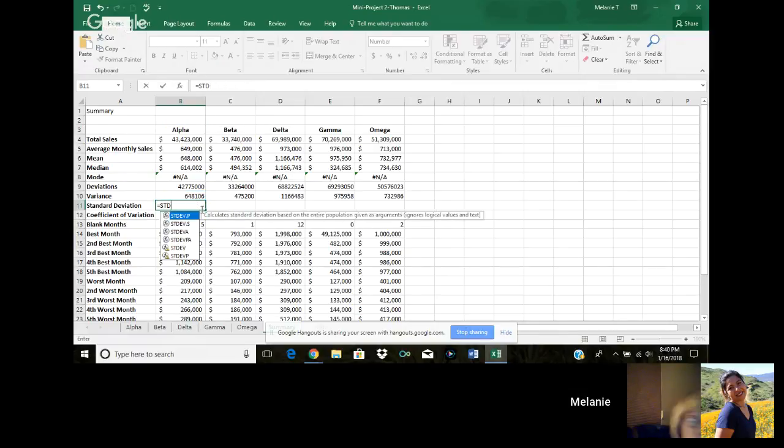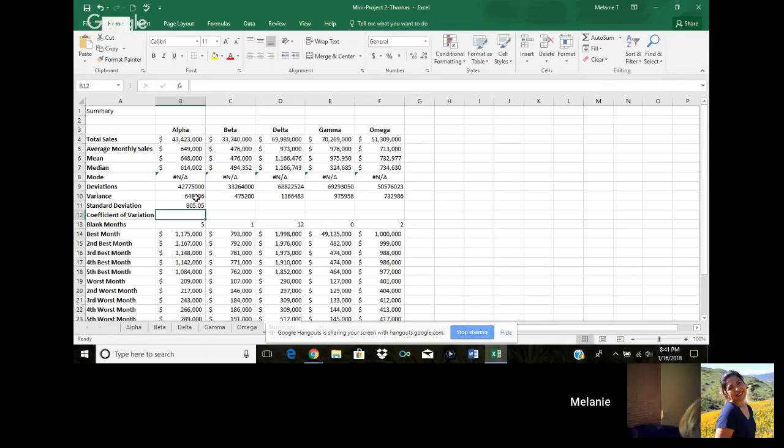If I do the square root here and do this one, that works and gives me a number. Just the square root and then the number, the variance, but I don't know if it's correct.